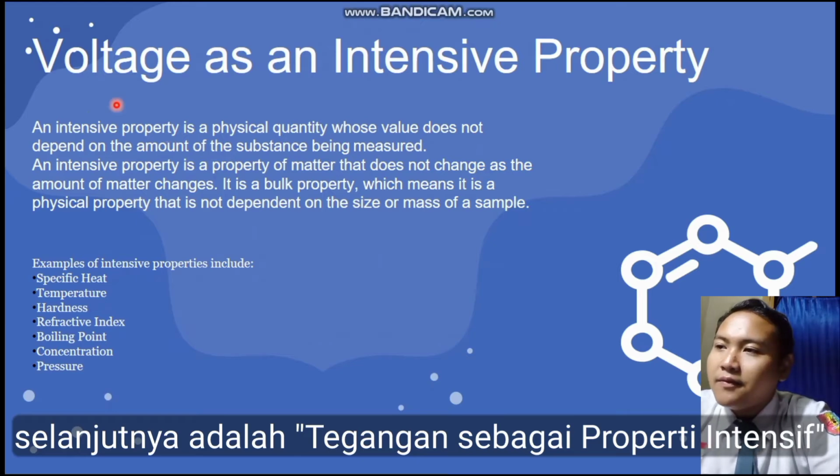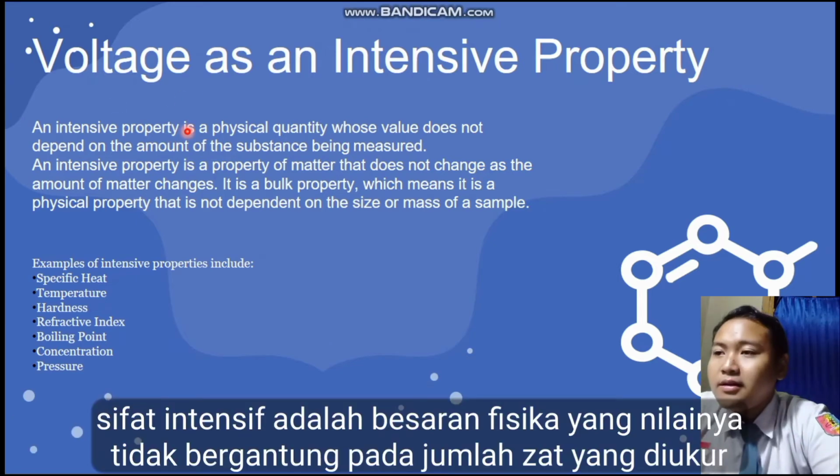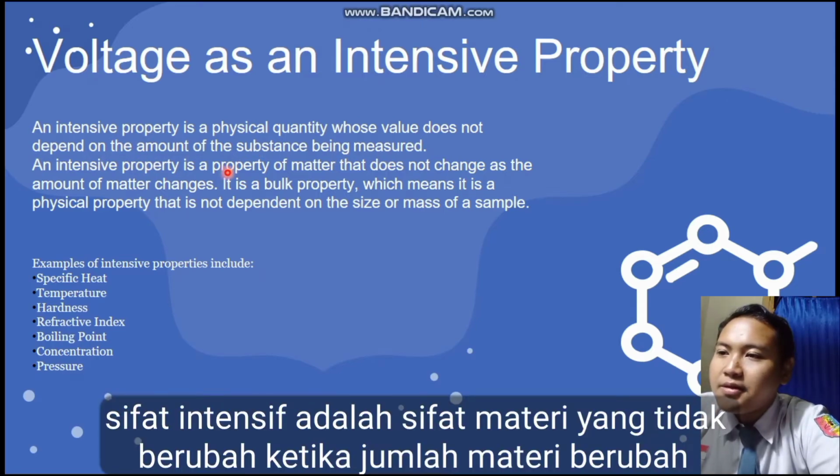Okay, next is voltage as an intensive property. An intensive property is a physical quantity whose value does not depend on the amount of the substance being measured. An intensive property is a property of matter that does not change as the amount of matter changes.